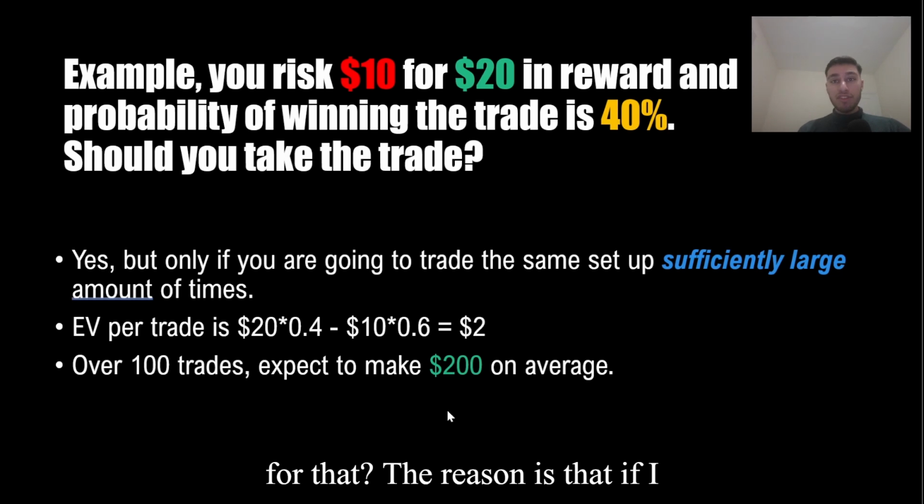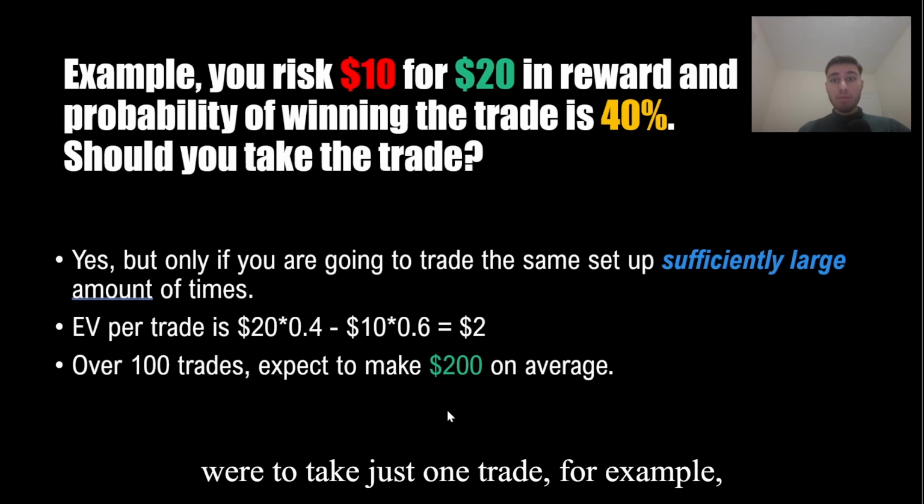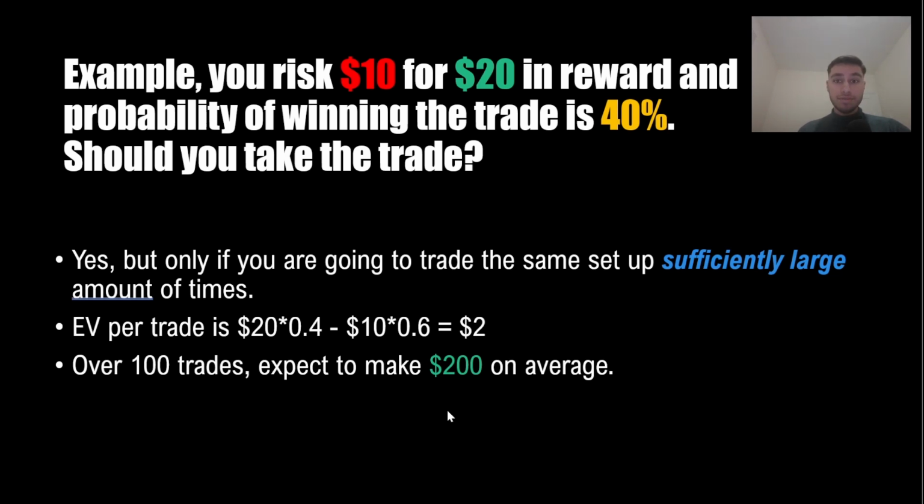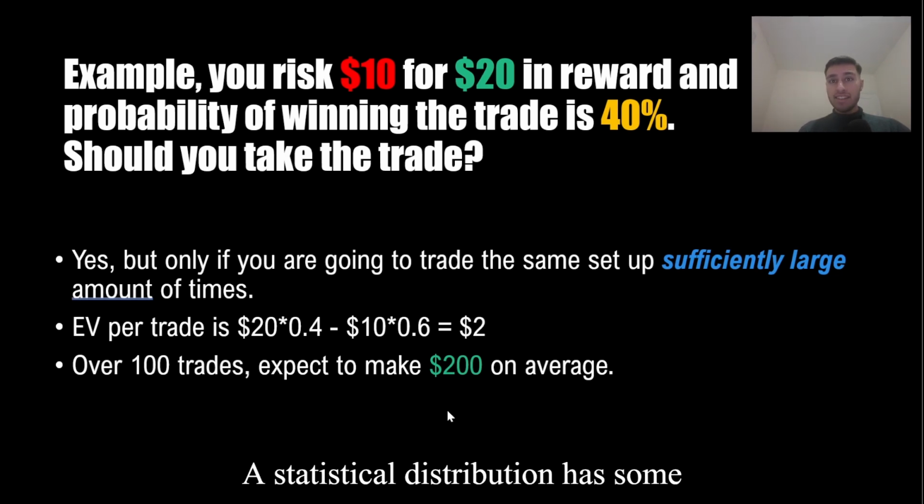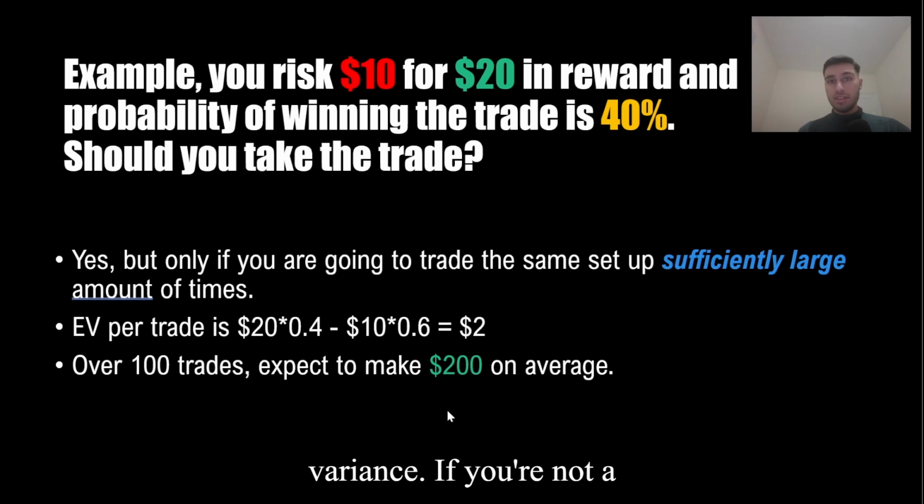The reason is that if I were to take just one trade, for example, most likely I would lose the trade. This is because a statistical distribution has some variance.